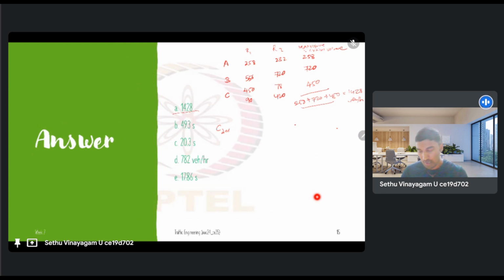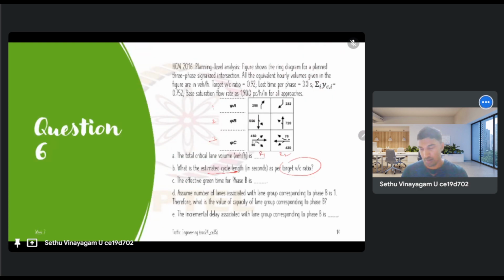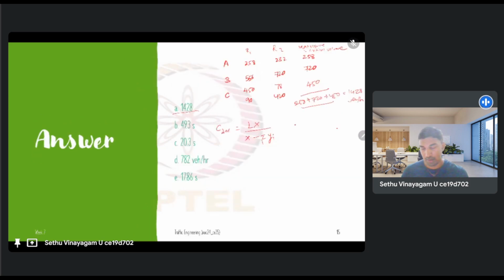So to get the desired cycle length, the formula is L into x divided by x minus sigma y. Here x, or we can call it xt, is your target V by C ratio.